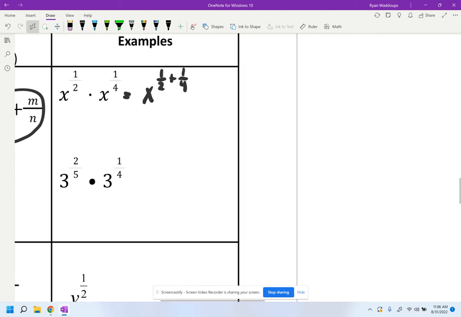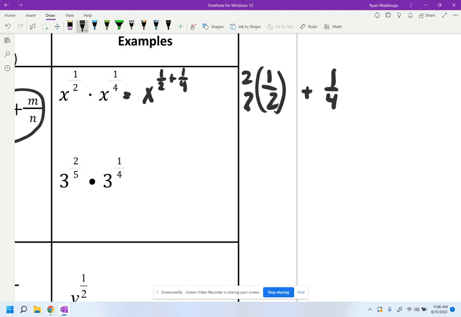Off to the side here, we say 1/2 plus 1/4, and the common denominator is 4, so multiply by 2 in the numerator and the denominator. 2 times 1 is 2, and 2 times 2 is 4, and that's 2/4 plus 1/4, which is 3/4. So that's x to the 3/4 power.